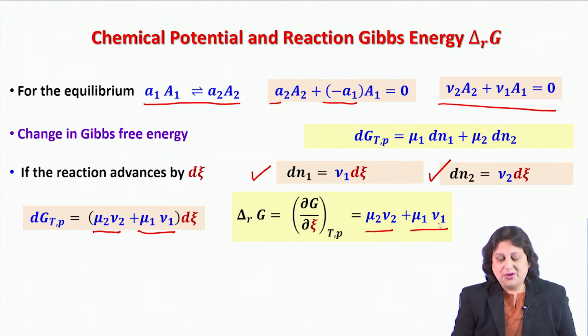Why is that so? Because for all the reactants that I see here, the nu is going to be a negative quantity.